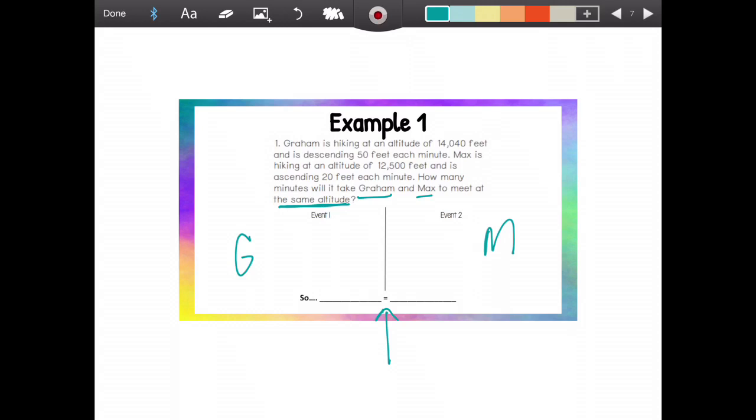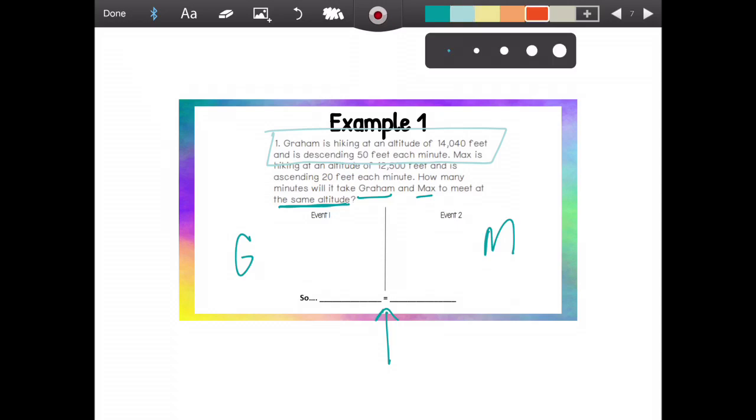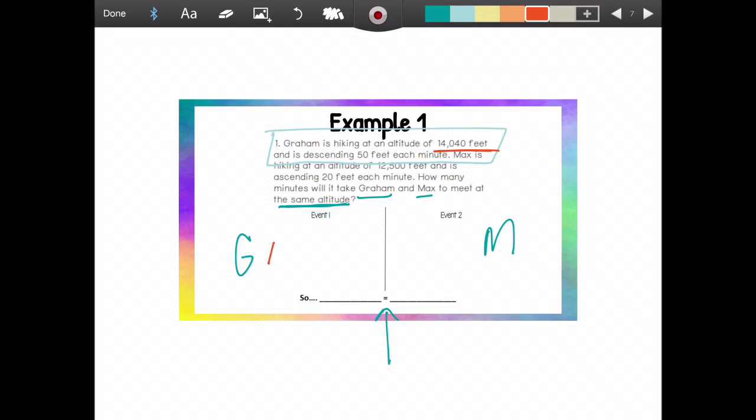Okay, so let's focus on Graham first. It says that he is hiking at an altitude of 14,040 feet. So that's the given. We know that for sure number. So I'm going to start my expression with that number. As I continue reading, it says, and he is descending. Okay, guys, vocabulary, key thing here. We have to distinguish whether descending is addition or subtracting.